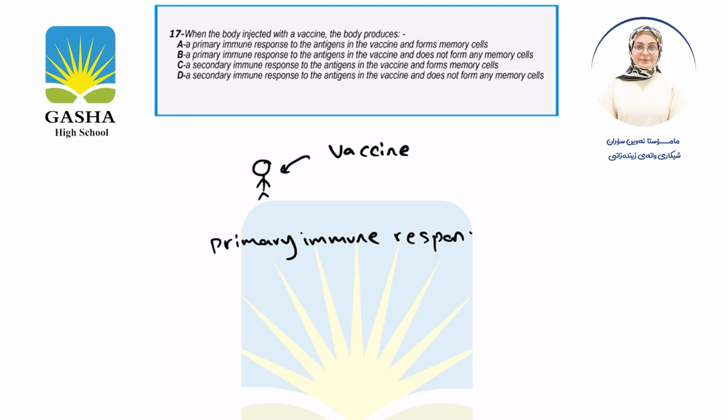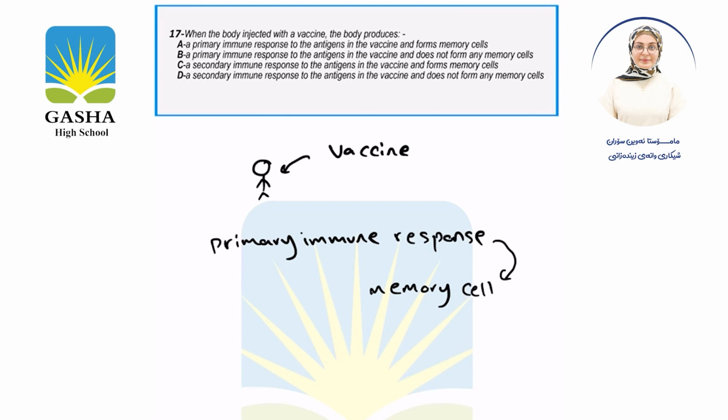After that, as the result of the primary immune response, what will form? Memory cells form. When the person gets the same disease in the future, the memory cells become active and protect the person. So this is the mechanism of vaccine.